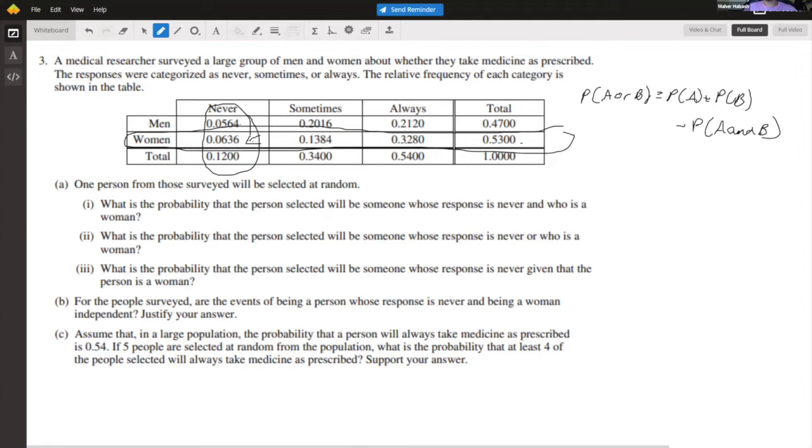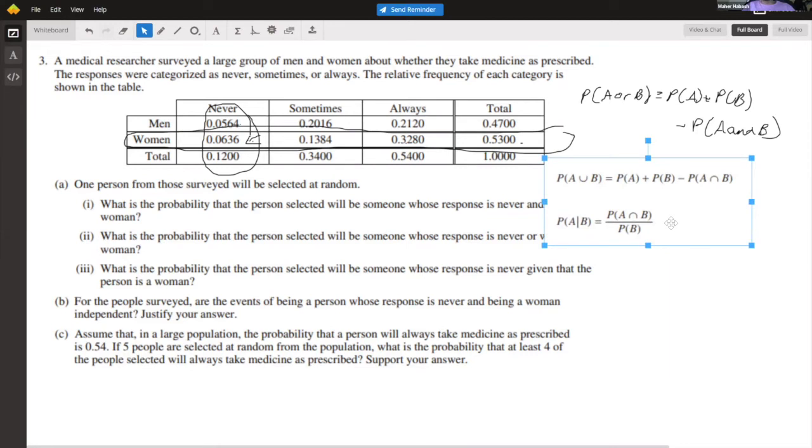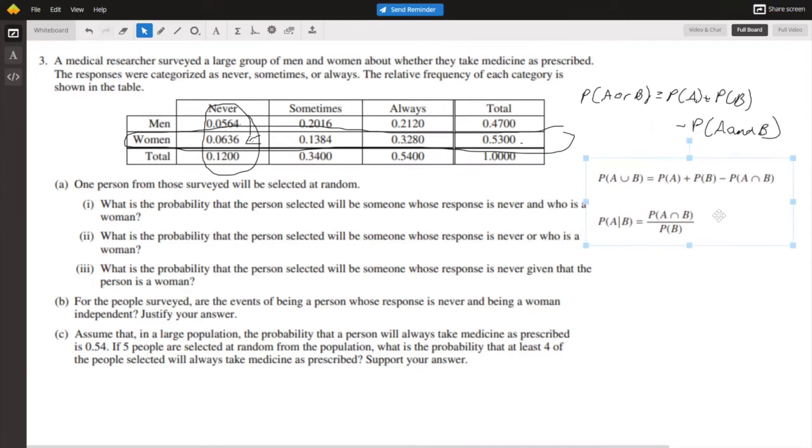Are you guys familiar with the notation? Because in the test, you're going to see this. Let me show you. Can you guys still hear me well? Yeah. Okay.